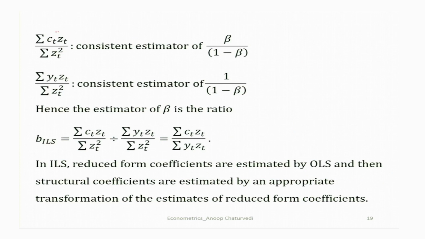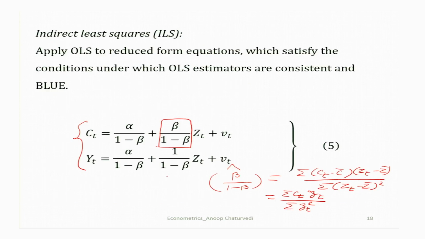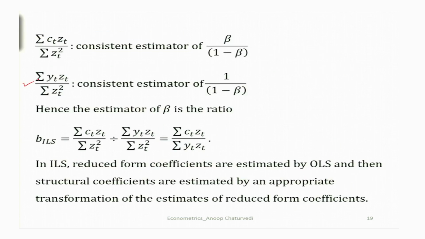So, this is a consistent estimator of beta upon 1 minus beta. Similarly, from the second equation you obtain a consistent estimator of 1 upon 1 minus beta as summation (y_t minus y bar)(z_t minus z bar) divided by summation (z_t minus z bar) squared, or you get this consistent estimator of 1 upon 1 minus beta.